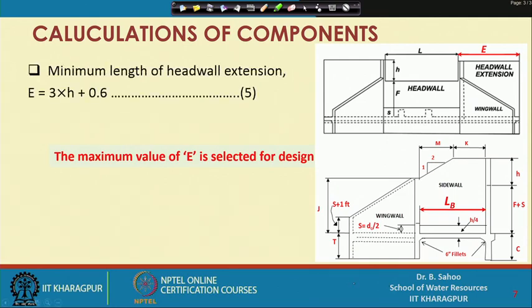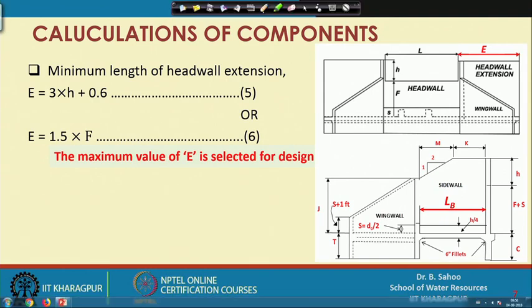The minimum length of head wall extension is given by these two equations 5 and 6, which are estimated as 3 into H plus 0.6 and 1.5 into F. Among these two values, the maximum value is selected for designing E, which is nothing but the head wall extension E as marked in this slide.